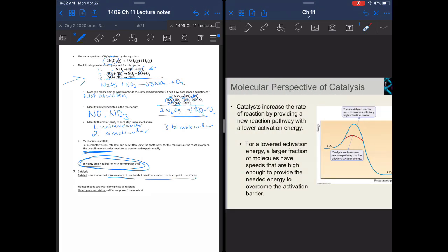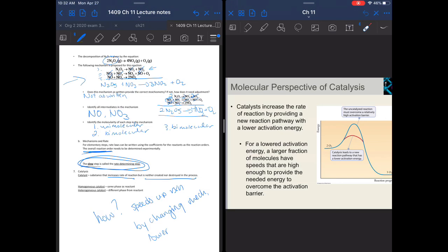And how does this actually speed up a reaction? It speeds up the reaction by changing the mechanism, by changing the intermediates that are formed, by making them lower in energy, right?